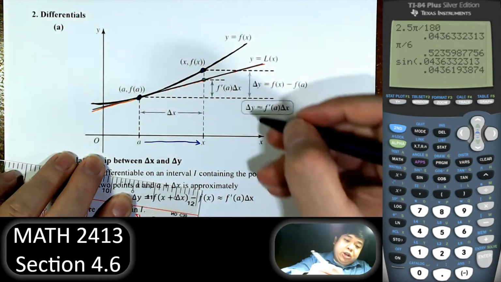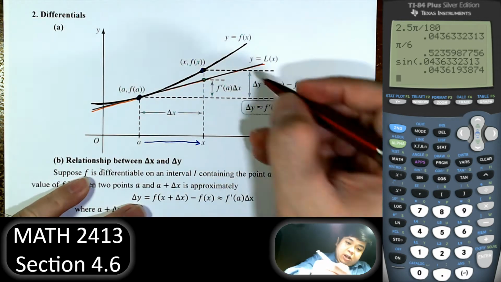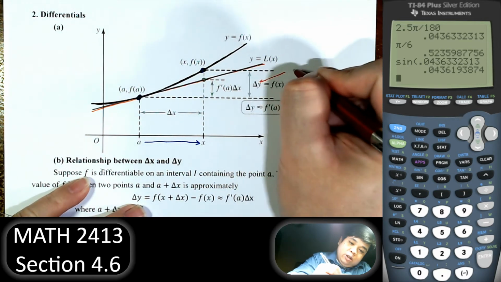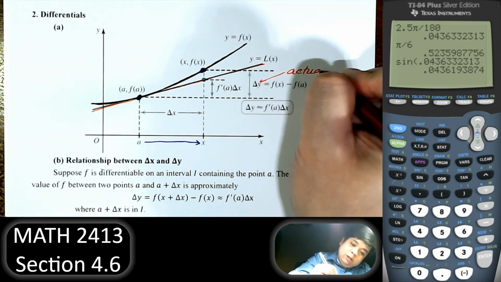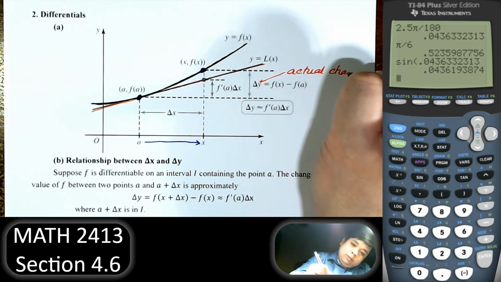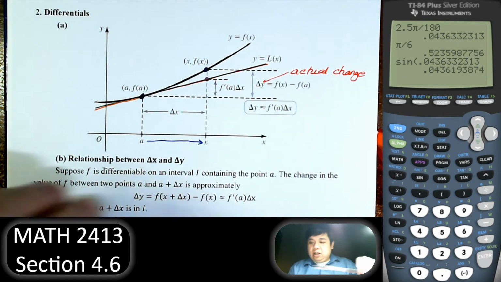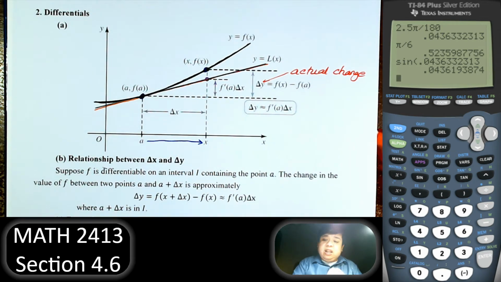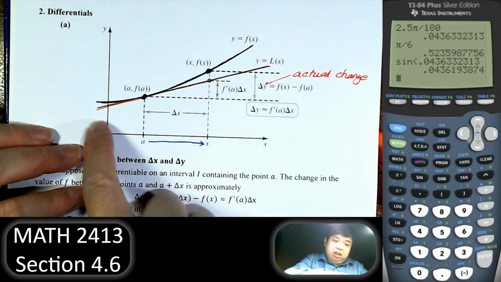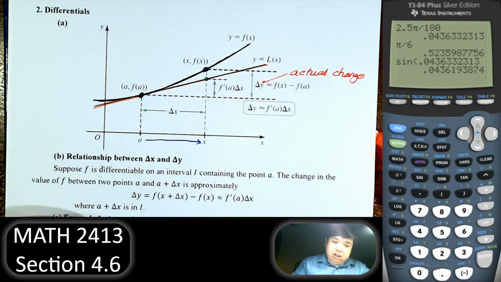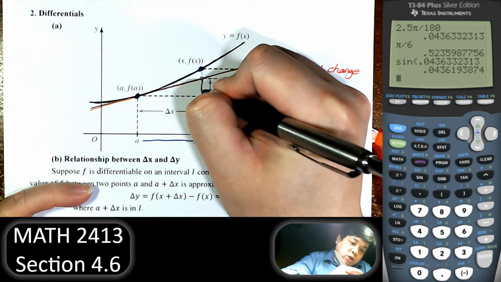The actual change is delta y. Delta y is the actual change when x goes from a to x. Now, if we use the equation of tangent line and we estimate, this is the approximate change.